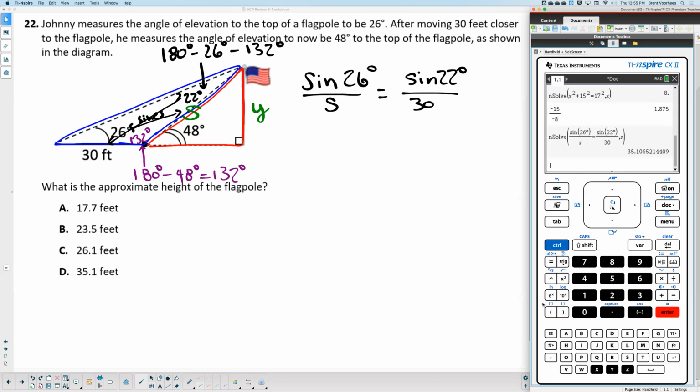See if you can beat me. 35.1. Y'all getting the same number as me? Just make sure you put the degree symbol in and you're good. So I'm getting 35.1.